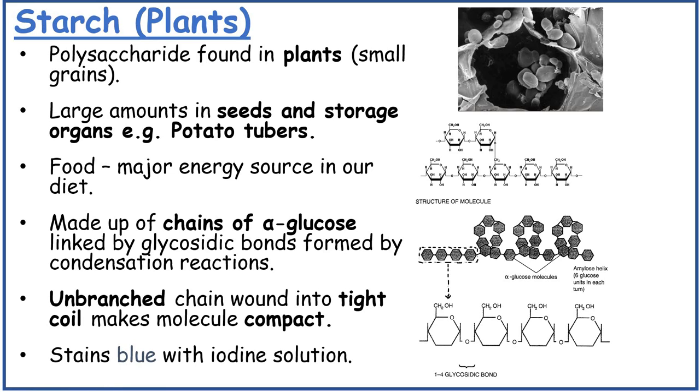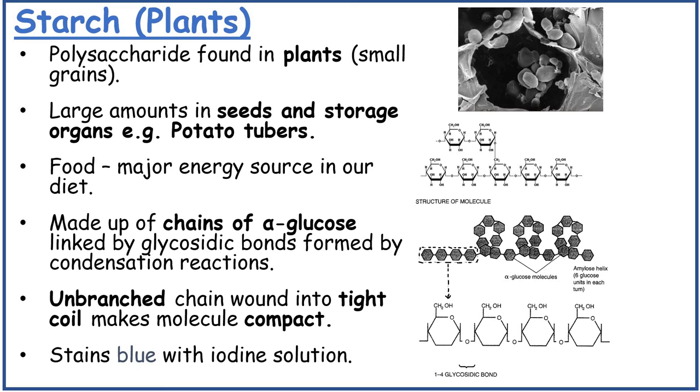Now looking at the polysaccharide starch, which is found in plants in small grains. There are large amounts of starch in seeds and storage organs like potato tubers, and it is the major energy source or food in our diet.